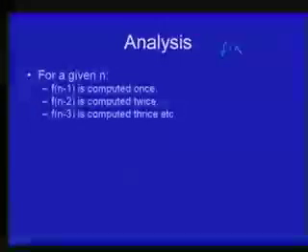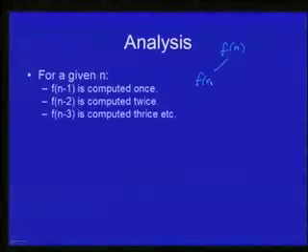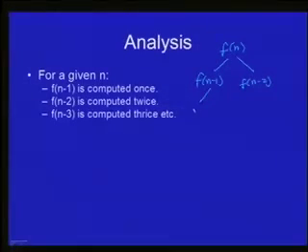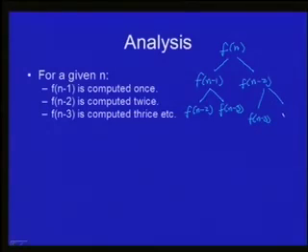So if we try to see how the recursive calls to f are happening, we see that f of n calls f of n minus 1 and f of n minus 2, and this calls again f of n minus 2 and f of n minus 3, and this calls f of n minus 3 and f of n minus 4.